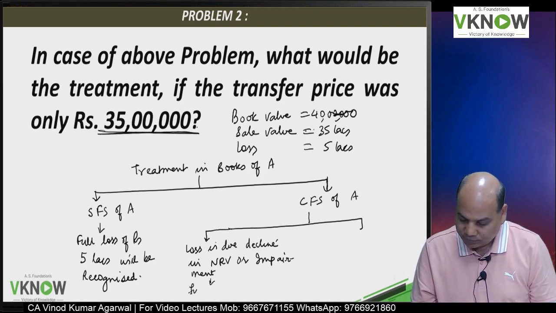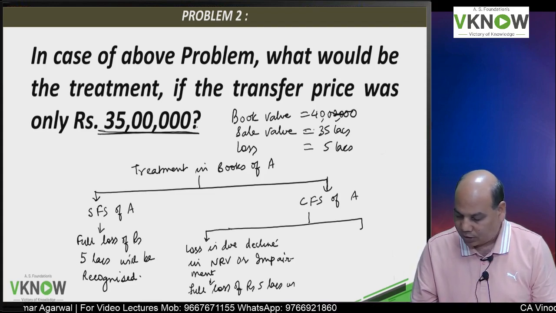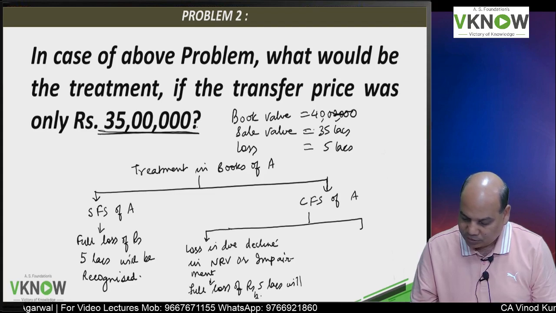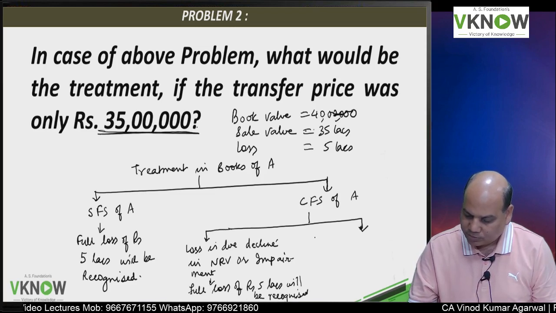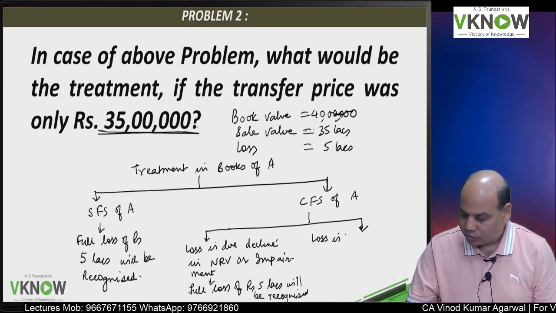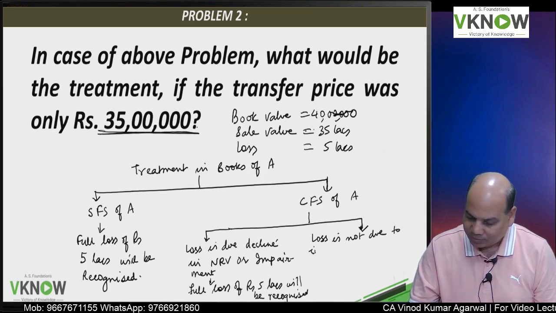Then you will say full loss of rupees 5 lakh will be recognized. And the second possibility is loss is not due to impairment.